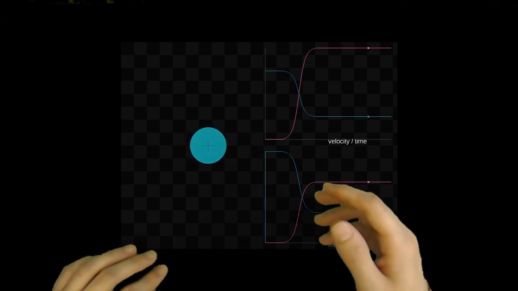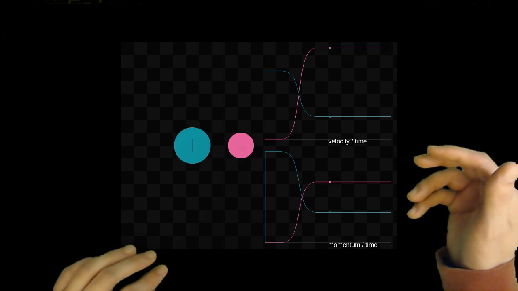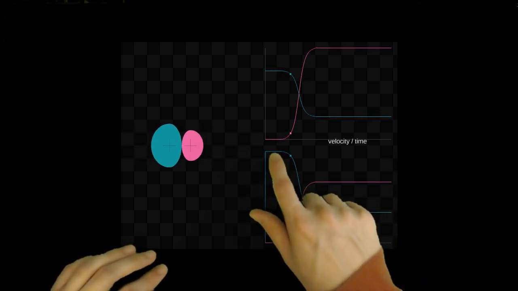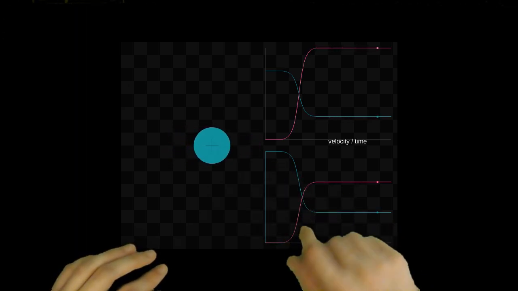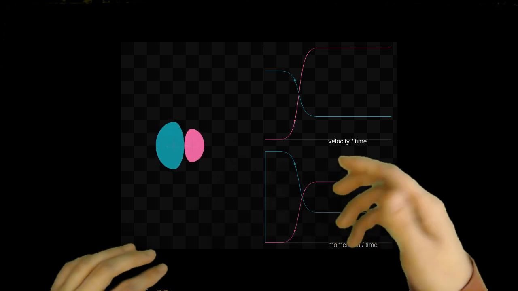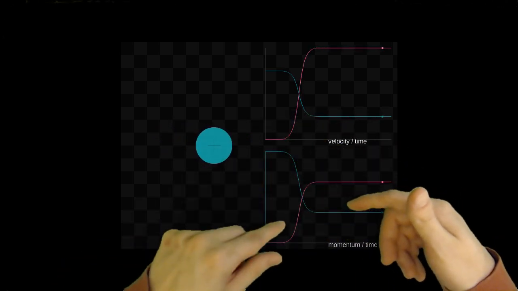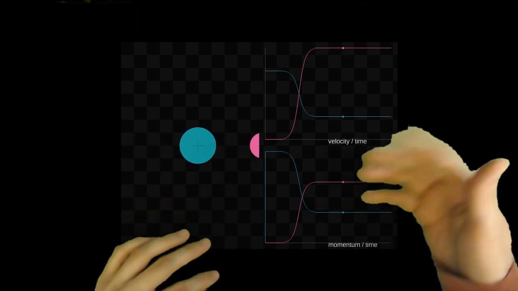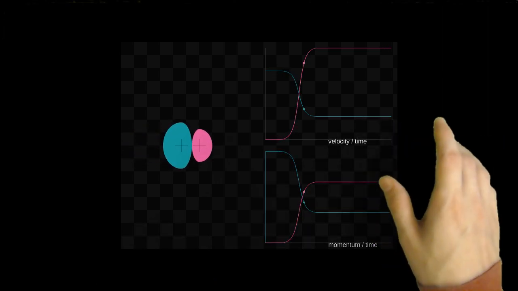So, in other words, the total momentum of all of the objects, the sum of their momentums, is constant, right? Because if one of them loses 18 momentum, and the other one gains 18 momentum, then if you were to add their momentums at the first time step and the second, they would be the same because the plus 18 and the minus 18 would cancel out. I want to dwell on this a little bit more.